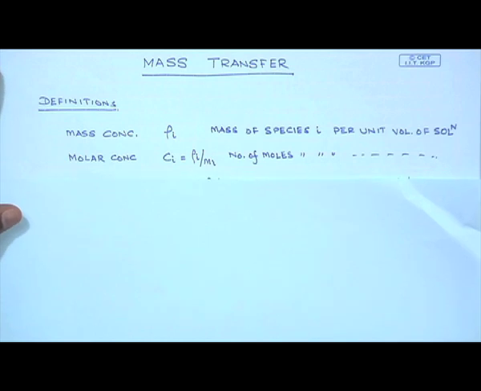We will quickly first go through some of the modeling exercises of mass transfer and some of the relevant boundary conditions, and then we will come back to the last part of the course, which is analogy between these different processes.